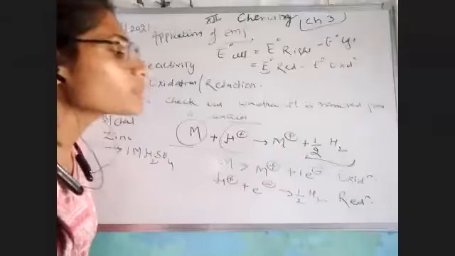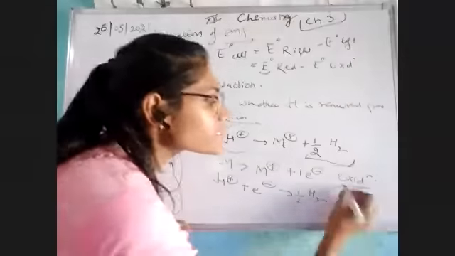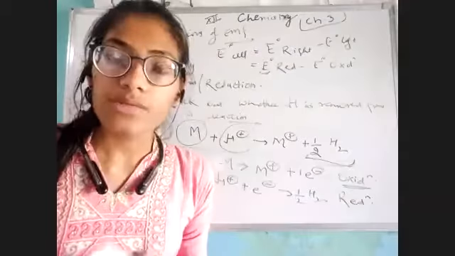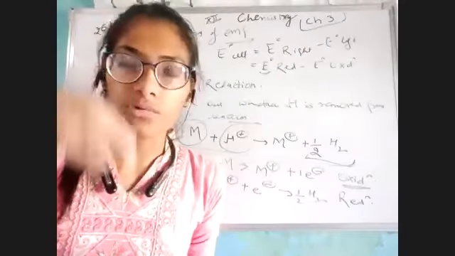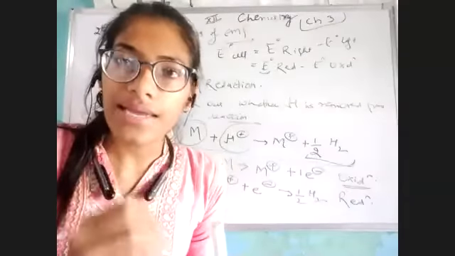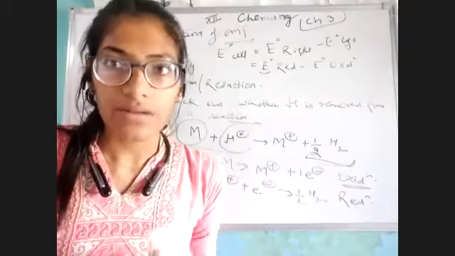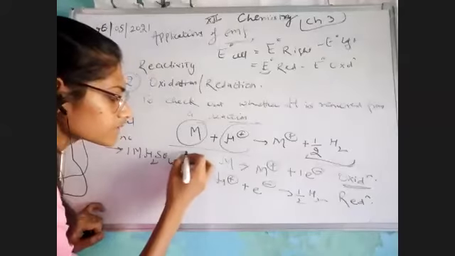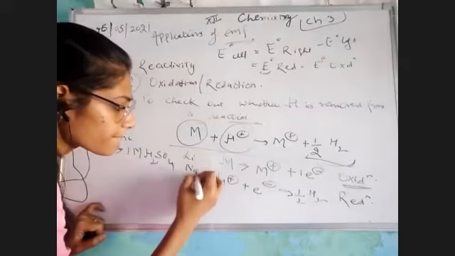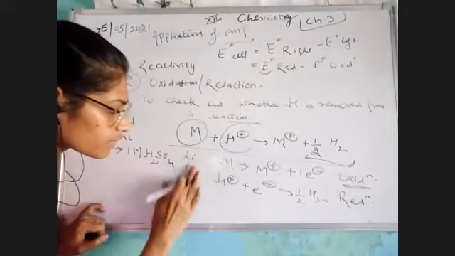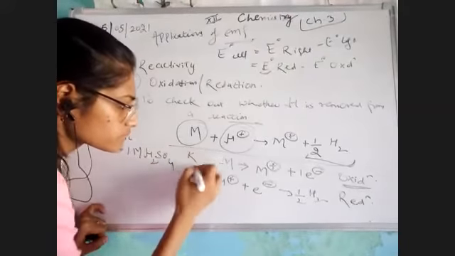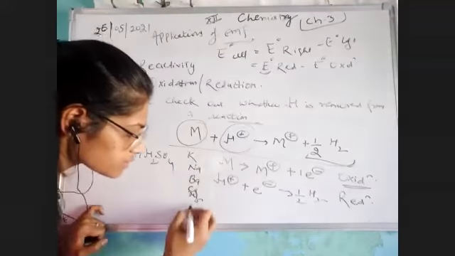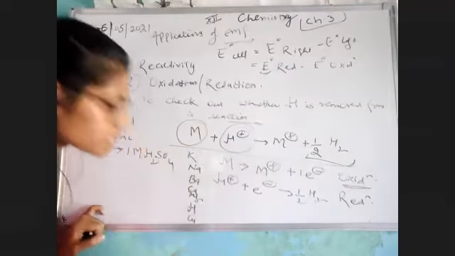But now the point is, oxidation means, in the last class we have studied that the metals which are lying above the hydrogen have a negative reduction potential. What I have told you is that suppose the series is something like this: magnesium, suppose this is hydrogen, then copper, silver and so on.